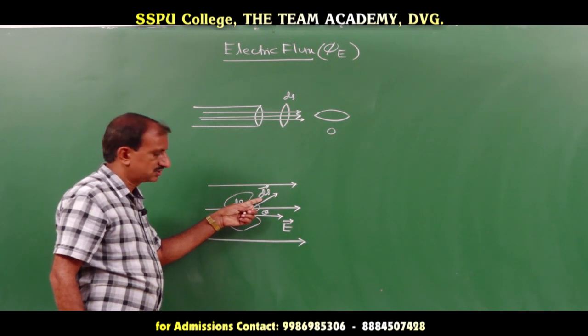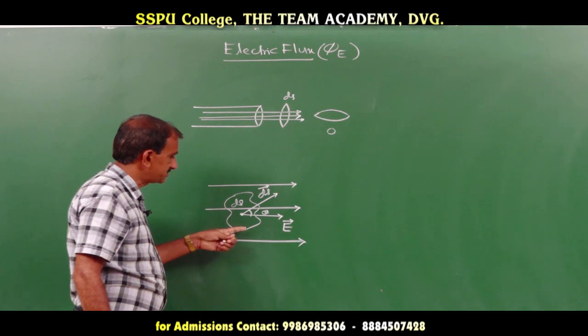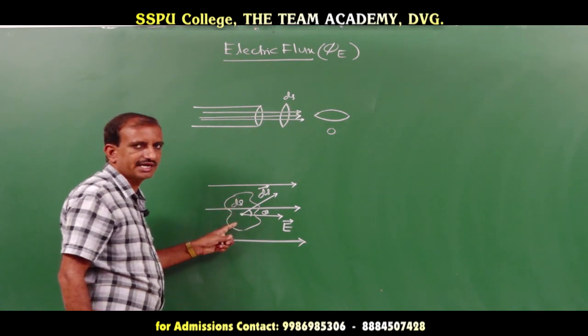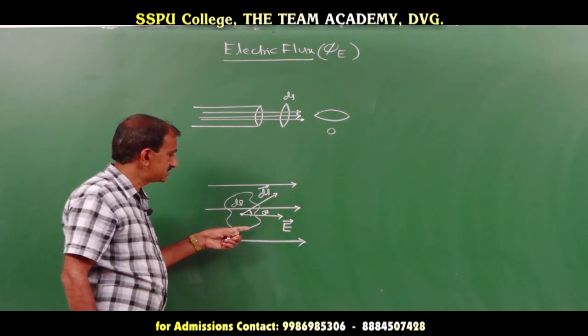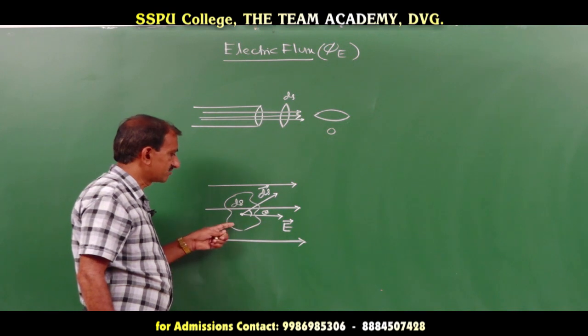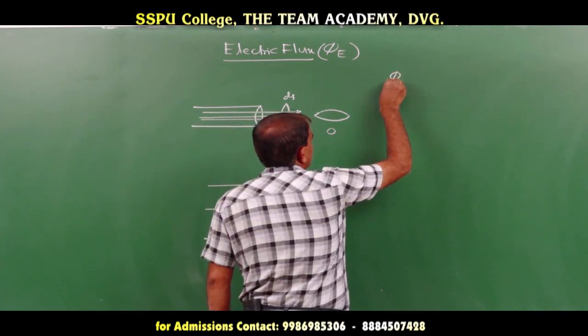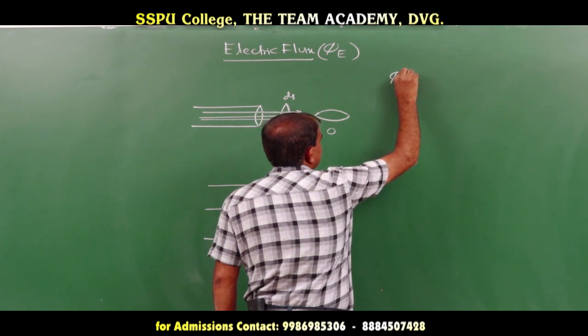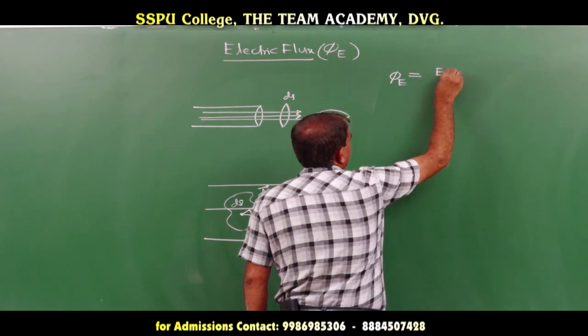Now the electric flux through this surface area ds is defined as the total number of electric field lines passing through this surface. Mathematically, the electric flux through the surface area ds is given by phi E equals E dot ds.